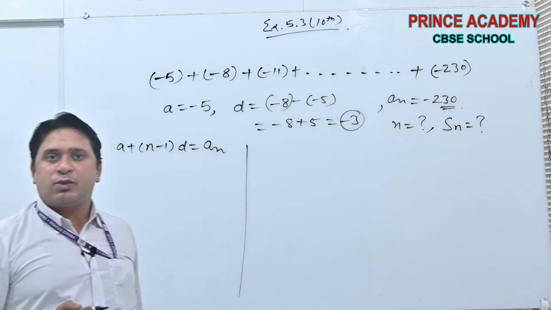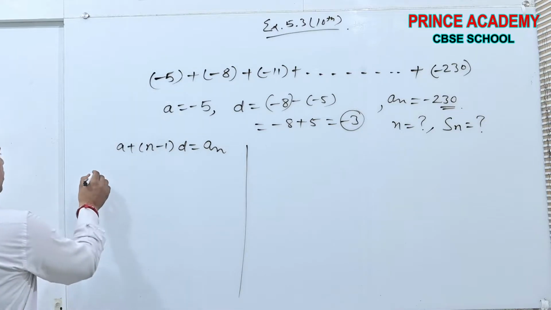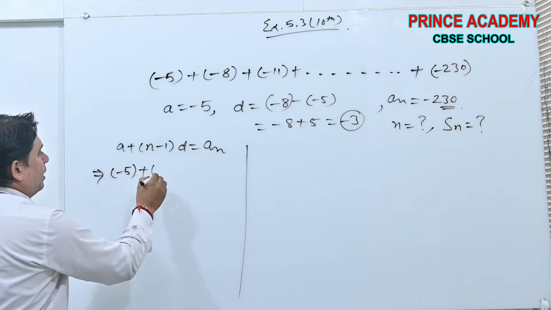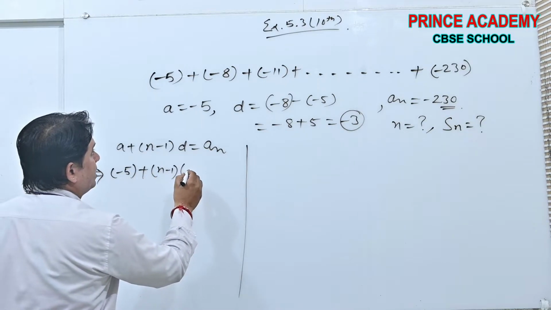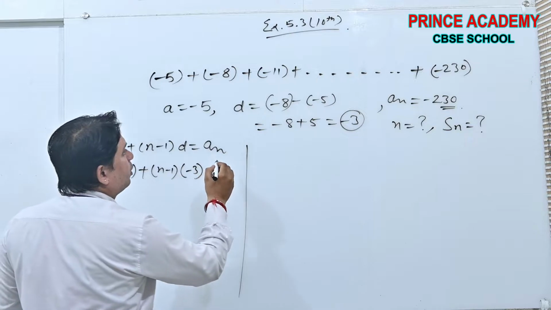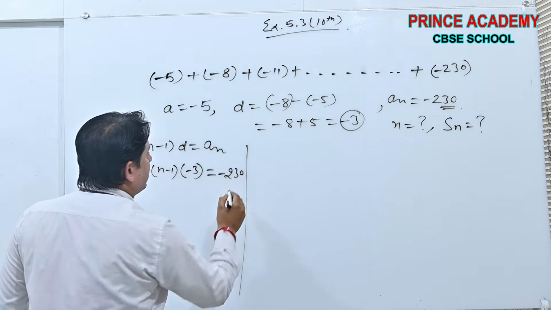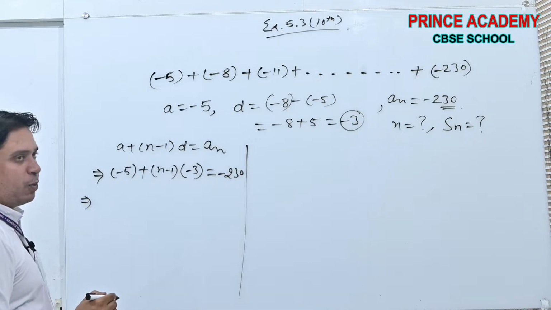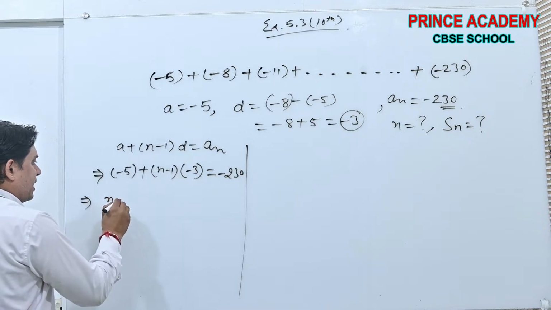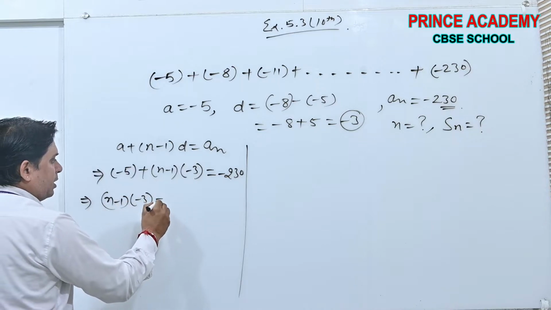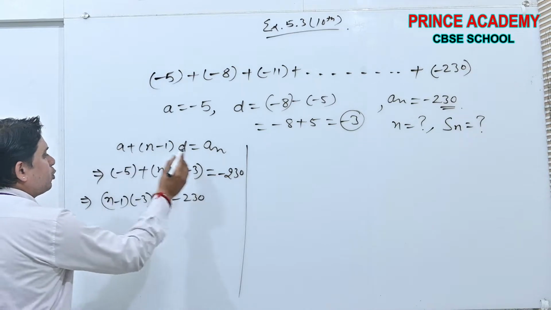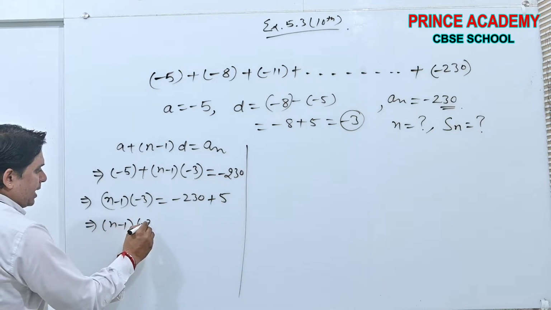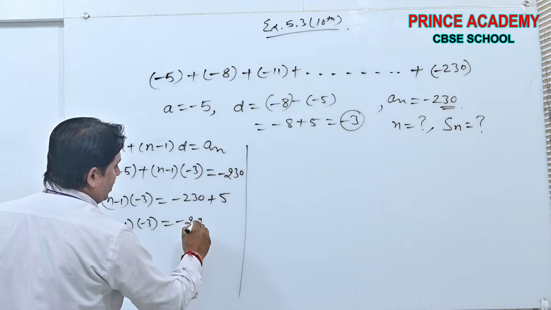What is a? a is -5 plus (n minus 1), and d is -3, is equal to an, which is -230. See beta, from here what we can do? (n minus 1) into -3 equals -230, shift this toward that, +5. From here (n minus 1) into -3, and this is -225.